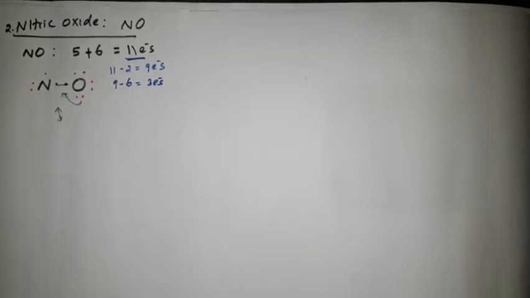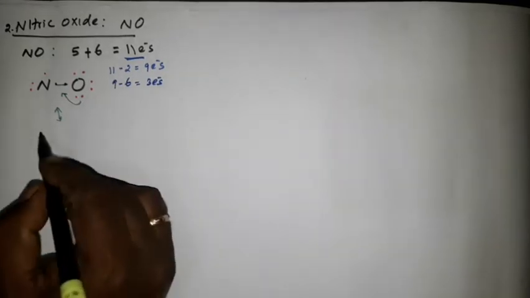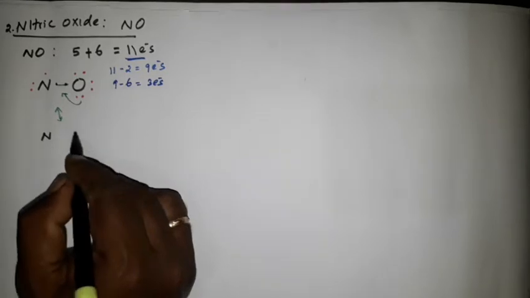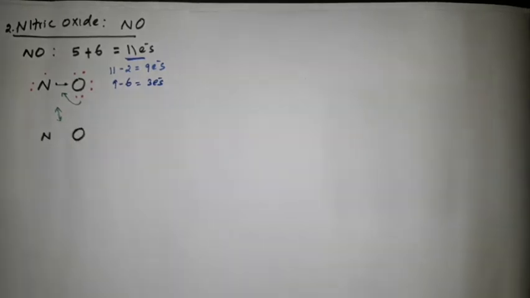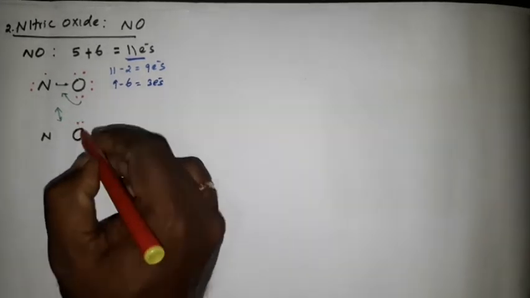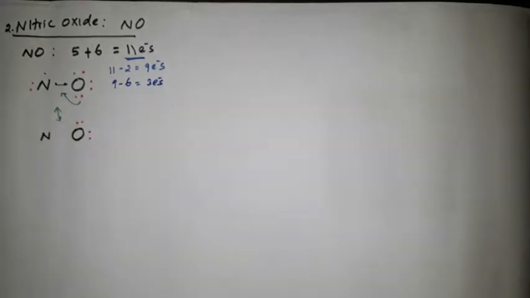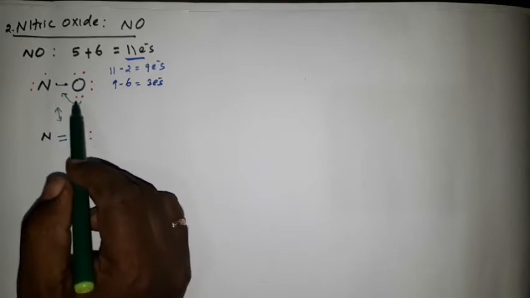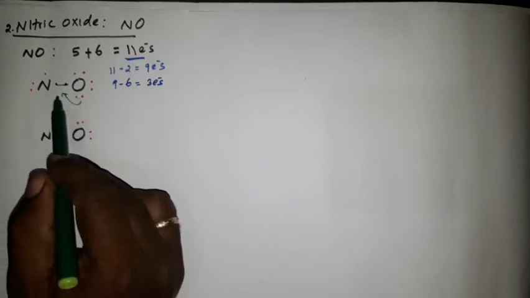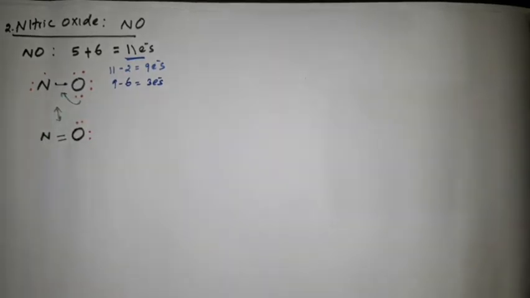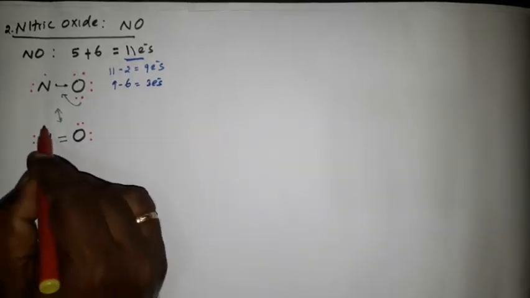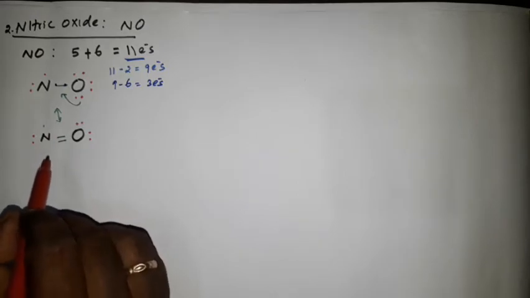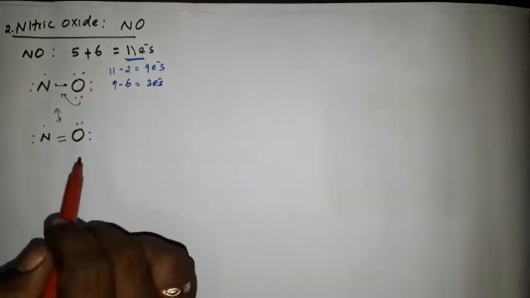So the structure, see the structure: nitrogen, oxygen, 2, 4. Between this nitrogen and oxygen, a double bond due to the shifting of this lone pair to bond pair. Nitrogen here 2, here 1. So, this is the correct structure for this nitric oxide.